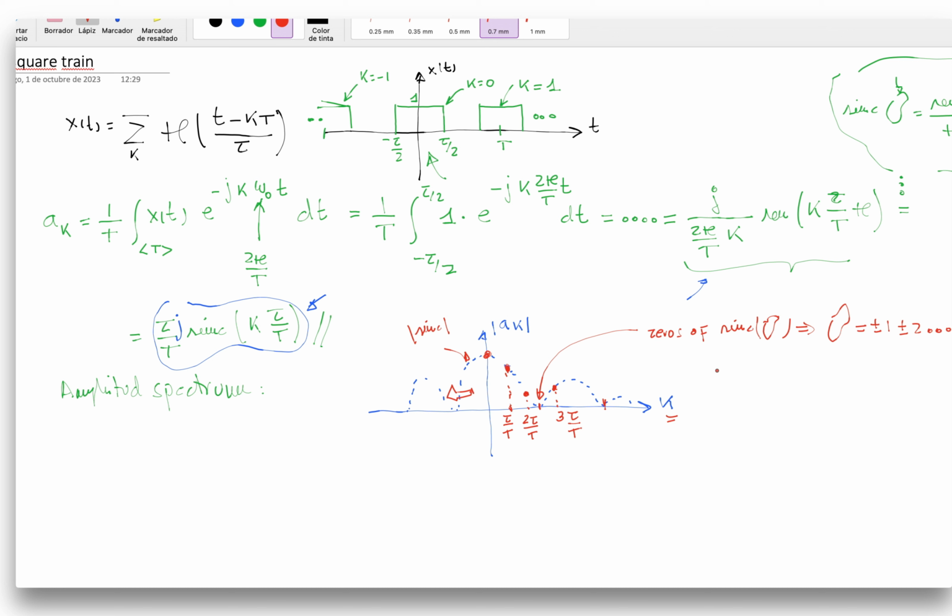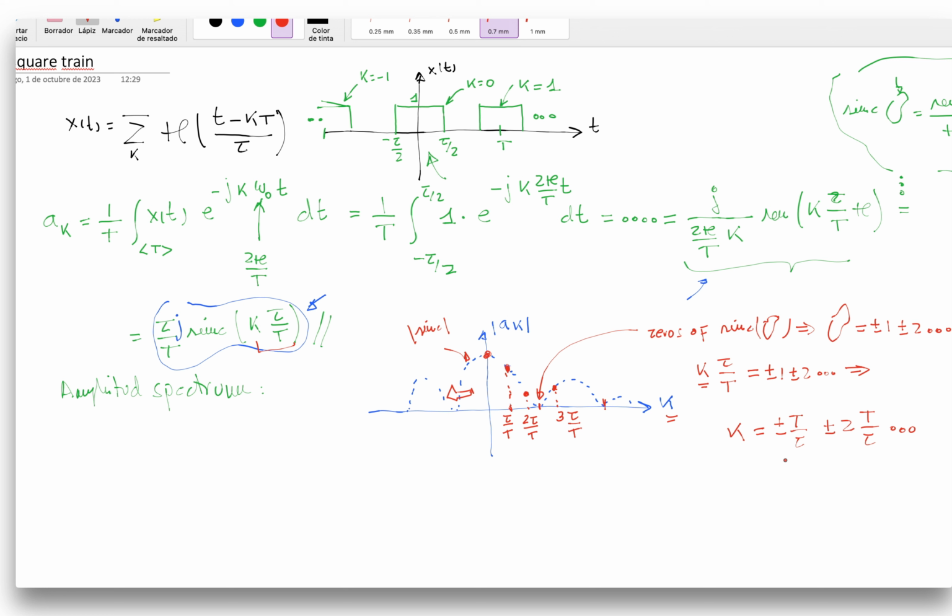So in our case, the argument of the sinc is k times tau divided by capital T. To find the values of k where the sinc has a 0, we equate that to plus or minus 1, plus or minus 2, etc. If we take apart k from here, what we get is the values of k where the sinc would be 0, which will be plus or minus capital T divided by tau, plus or minus 2 times capital T divided by tau, etc.